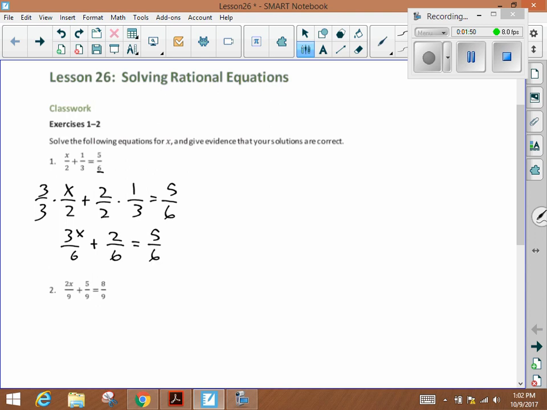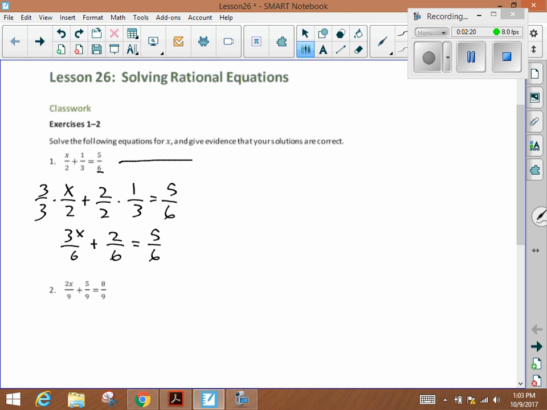And then I could add and subtract things from both sides and divide. But I'm going to show you that there is actually a much quicker way to do this. It turns out that if I was to just multiply everything by 6, that will also make all of my denominators go away, which will mean that I won't have to do very much work with these fractions.